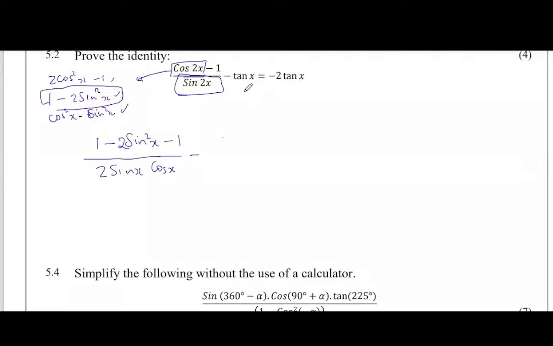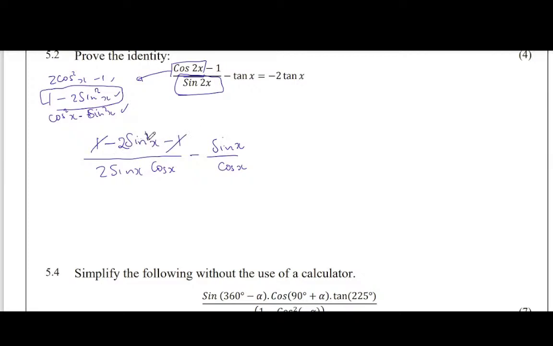I'm subtracting tan. I'm going to change this tan into sine x over cos x. Okay, when I simplify what is on top here, this one is going to cancel this one, and then I'm just left with a negative 2 sine squared.